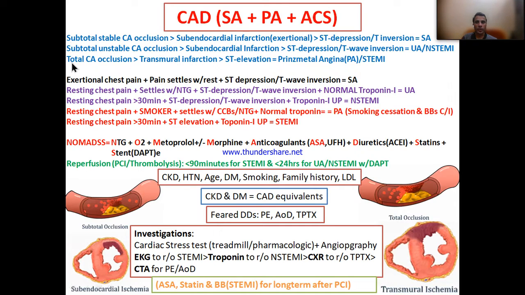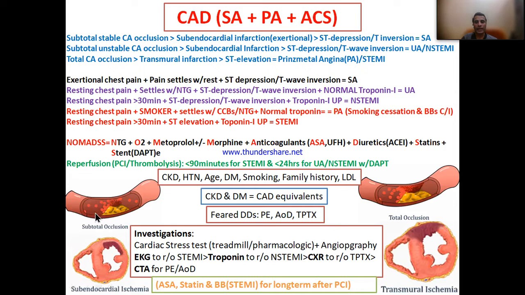If there is subtotal unstable coronary occlusion, it means that the atherosclerotic plaque has ruptured, which causes even worse occlusion, and this unstable or ruptured plaque will elicit symptoms even during rest.